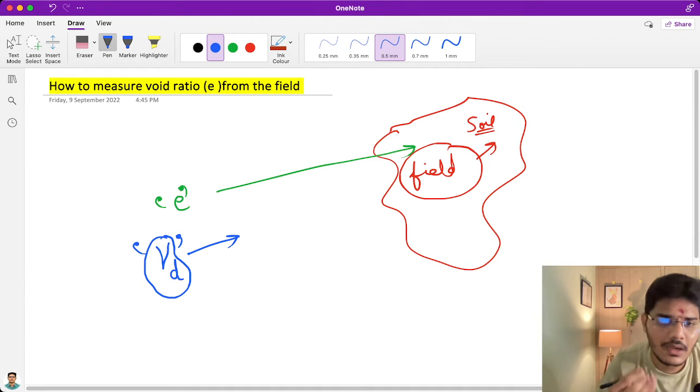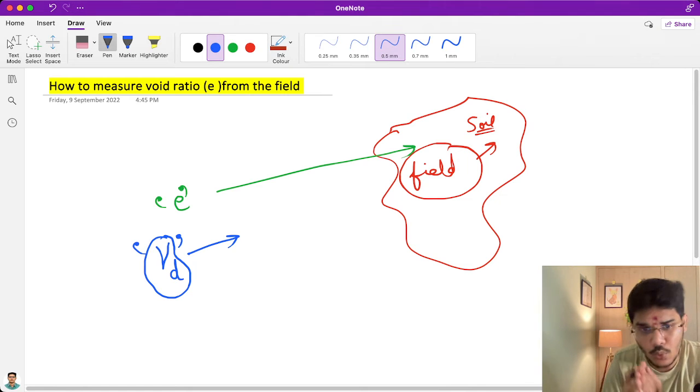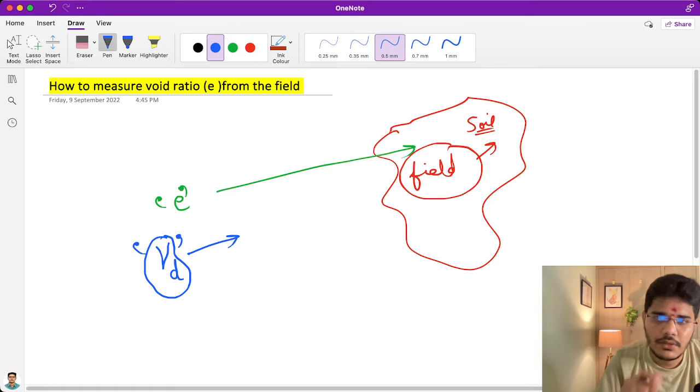So how can we measure this gamma D? To find out this dry unit weight, we have some methods. If it is a cohesive soil, then we will use the core cutter method. If it is a cohesionless soil, then we will use the sand replacement method. The rubber balloon method and water displacement method are also there, but generally we use the core cutter method and sand replacement method. First I should know which type of soil it is.